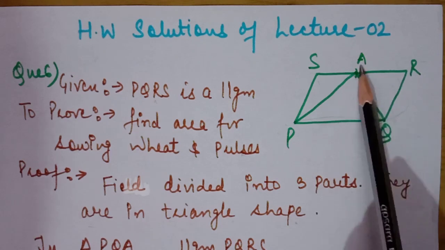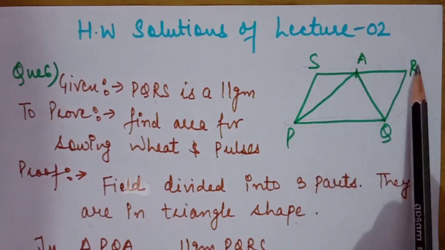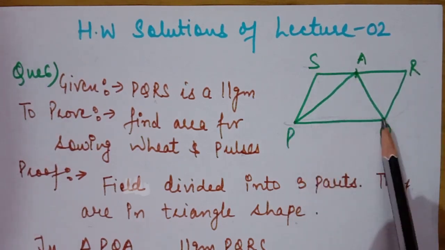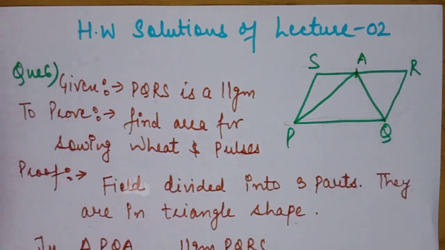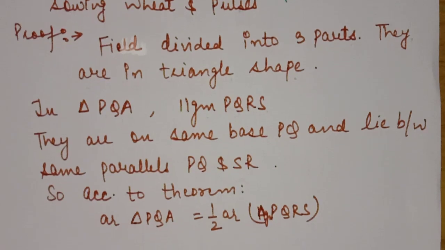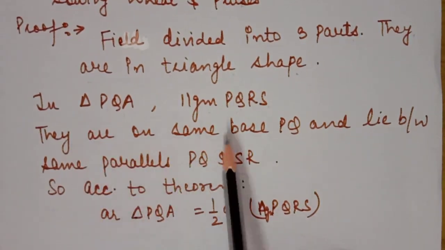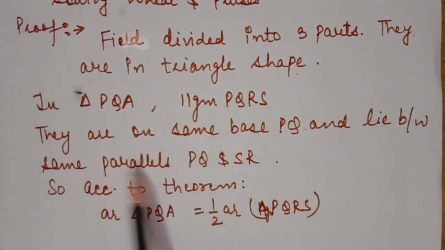They have a common base PQ and they lie between the same parallels, PQ parallel to SR. So students, we have to write this: they are on the same base PQ and lie between the same parallels PQ and SR. So according to the theorem, area of triangle PQA is equal to half of the area of parallelogram PQRS.